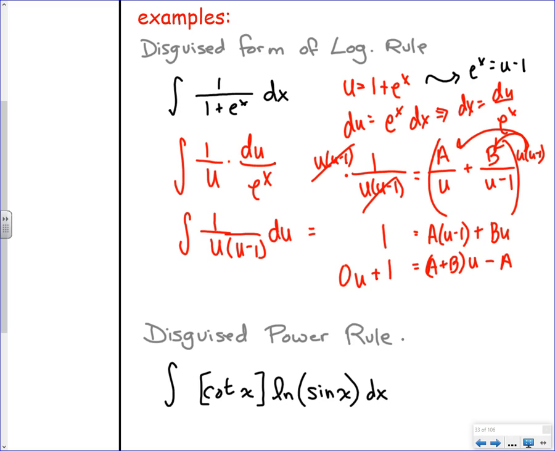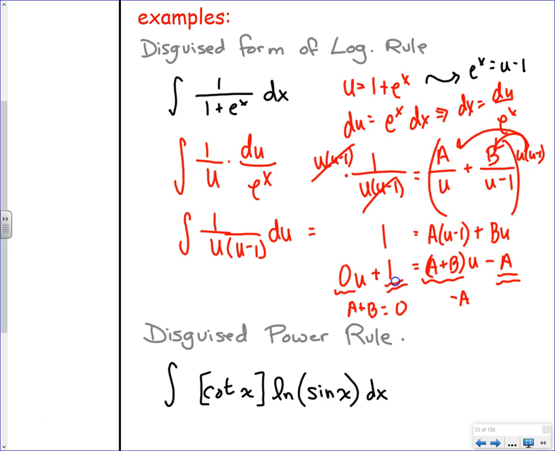Not u equal to 0. What am I going to set equal to 0? A plus b must be 0, and a must be negative 1. Which means b must be negative. Wait, wouldn't it have to be positive? Wait, negative a is a negative 1, right? Wait. Oh.